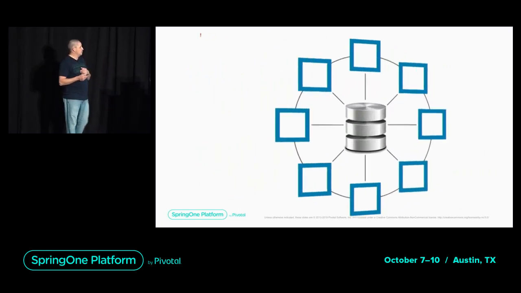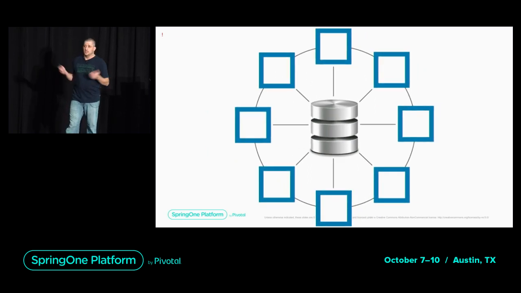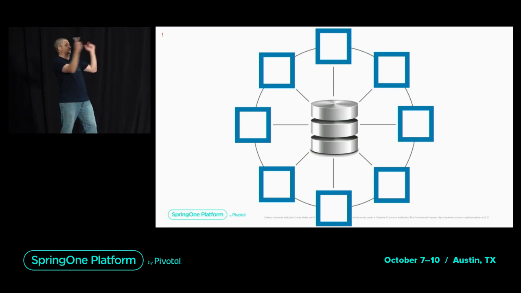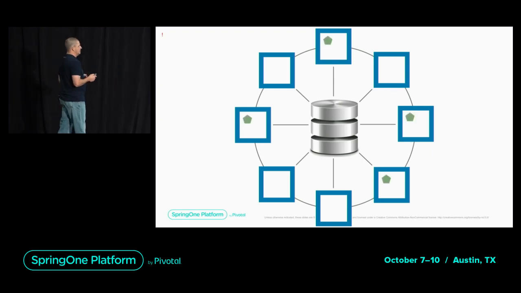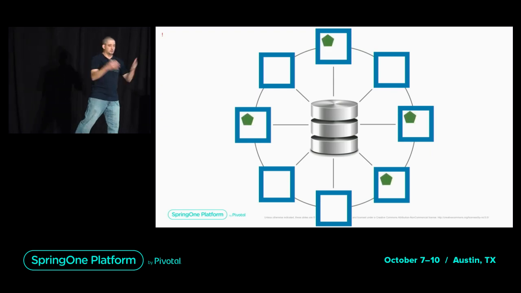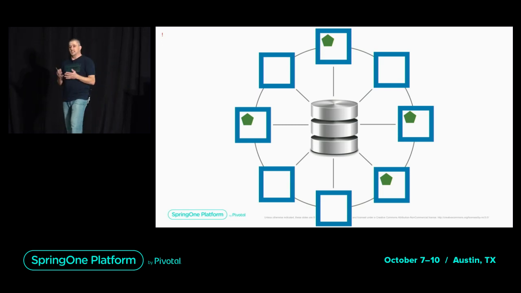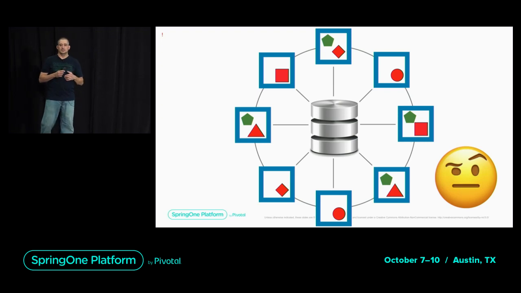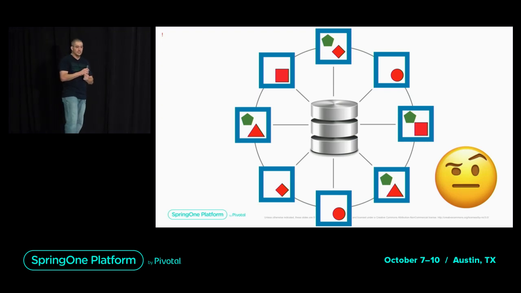But if we step back for a moment, what are maybe some of the other problems we might run into? This is just a single microservice that we've scaled up. It's awesome when all the microservices agree on what the data is. It isn't so awesome when they don't agree what the data is, right? So we might have some consistency issues.